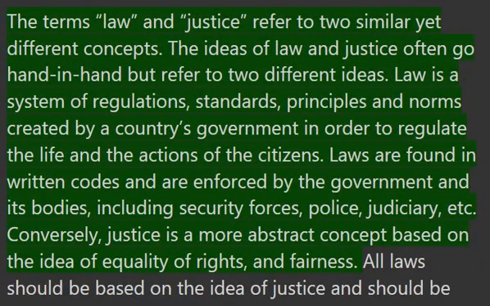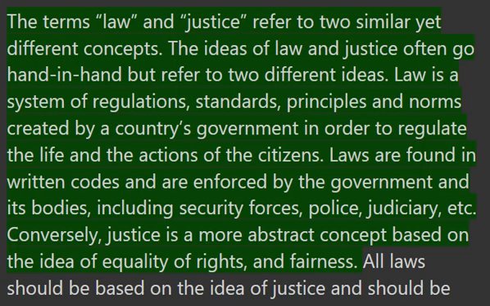Summary of law and justice. The terms law and justice refer to two similar yet different concepts. The ideas of law and justice often go hand in hand but refer to two different ideas. Law is a system of regulations, standards, principles and norms created by a country's government in order to regulate the life and the actions of the citizens.